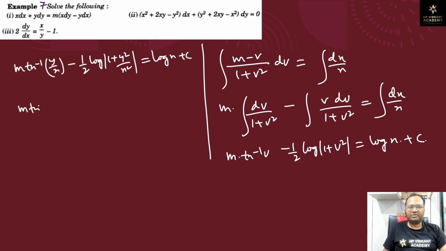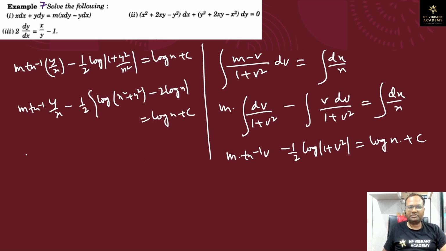So m tan inverse y upon x minus half of log x square plus y square minus 2 log x is equal to log of x plus c. So this is m tan inverse y upon x minus half log of x square plus y square plus log of x is equal to log of x plus c.